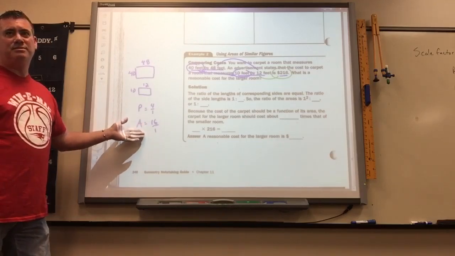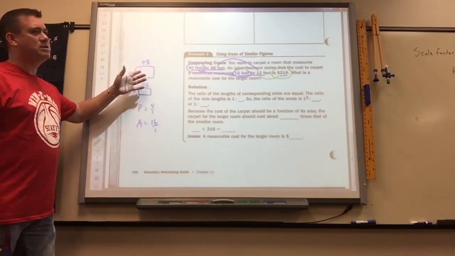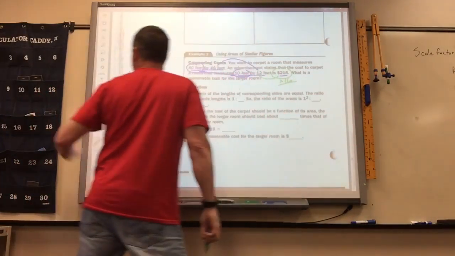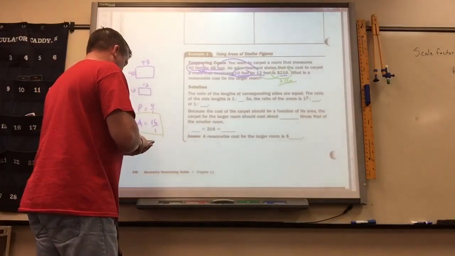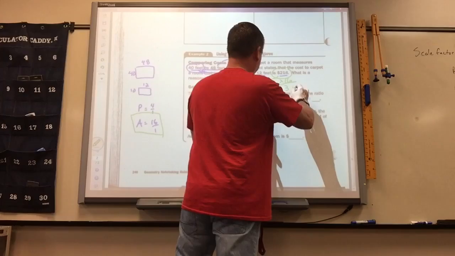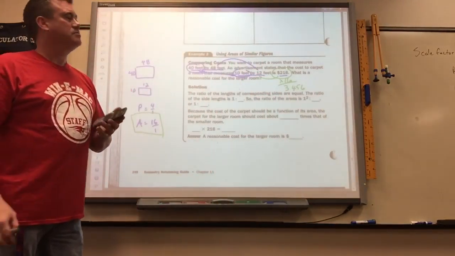Times 16. You wouldn't use the 4. A lot of people would say, well, this is 4 times bigger, so you take it times 4. You don't. You got to use the area one. So you would just take 216 times 16. And it would be 3,456 dollars.